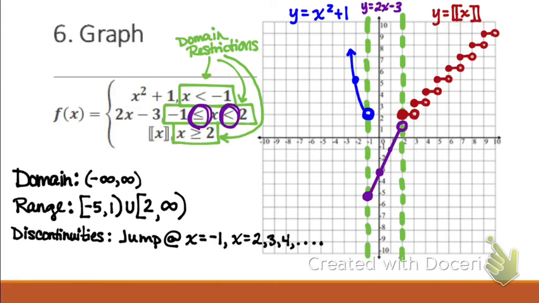Yes, Anthony? If the parabola wasn't there, how would you write the range? If the parabola wasn't there, then my range would go from -5 to 1, and then 1, and then it would be curly brackets, integers after that.